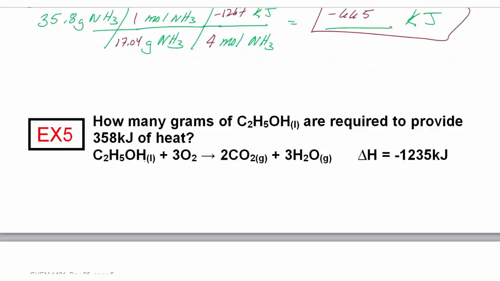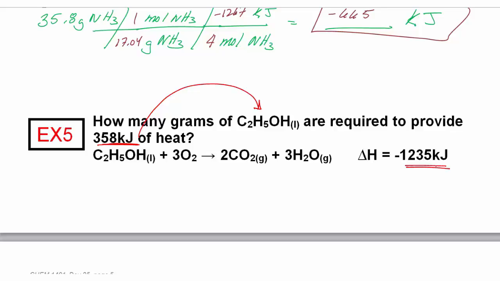Here's the last one. How many grams of ethanol are required to provide 358 kilojoules of heat? So now we're just going to go backwards. We're going to convert kilojoules of heat. But we need a complete thermochemical equation to do this. And they gave it to us. So we're good to go.